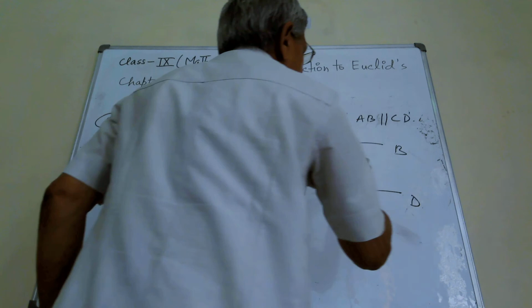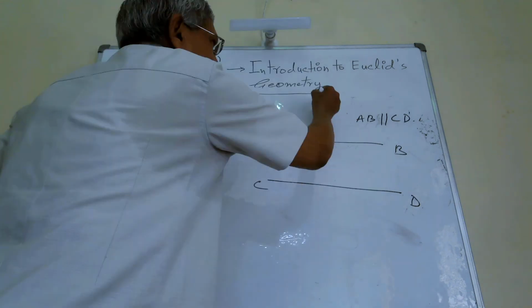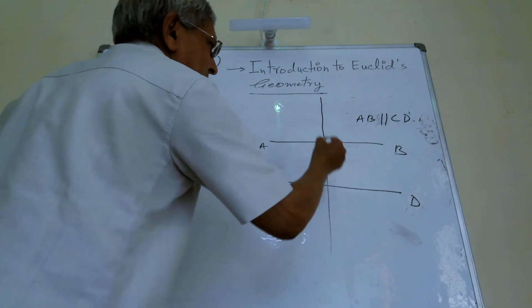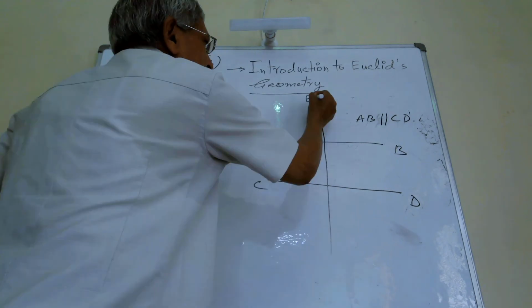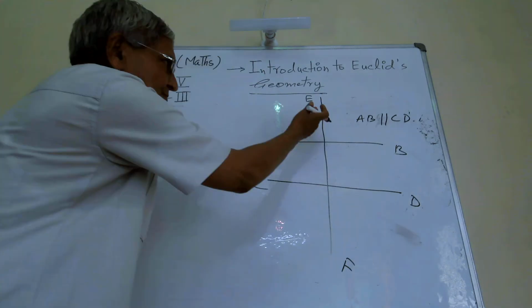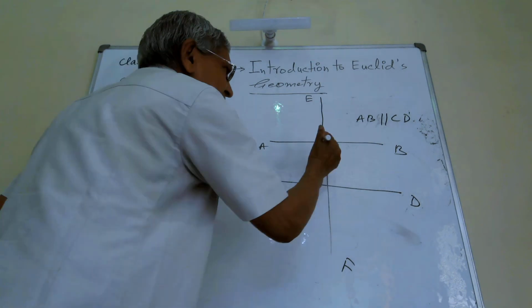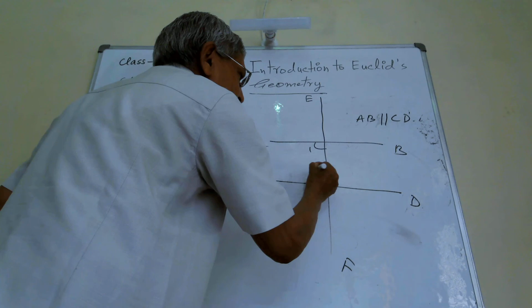These two lines are parallel, and a third line EF, a transversal line, intersects these two lines, making angles 1, 2, 3 and 4.